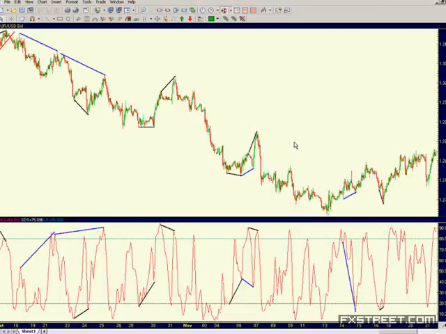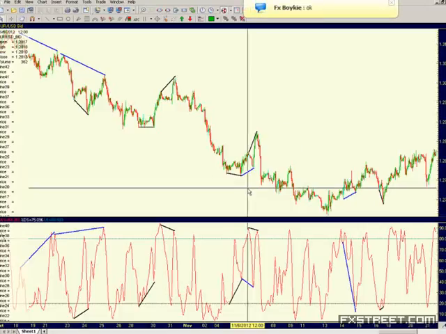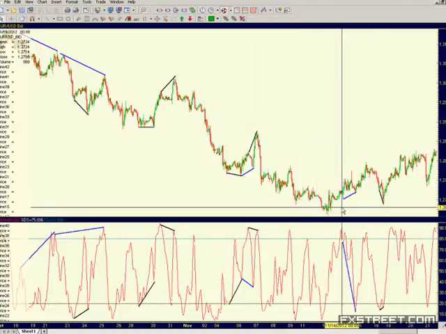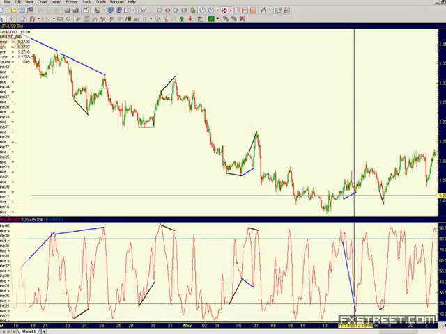So I'm looking for areas if there is an equal low or high on price, and then a divergence on the oscillator, then those for me are much more important than either higher high or higher low or what have you on price, and then an equal on the oscillator. I'm really not looking for those equals on the oscillator. So great question there.